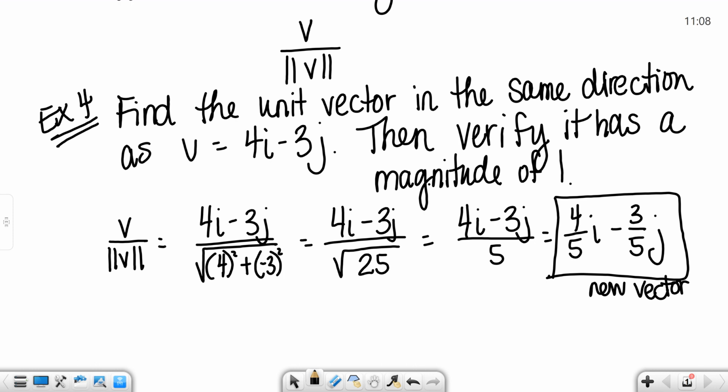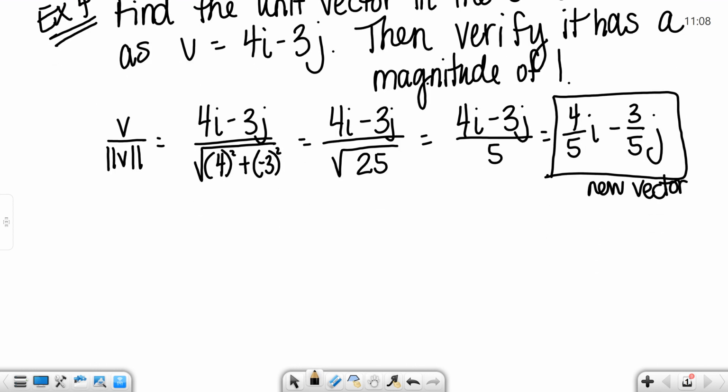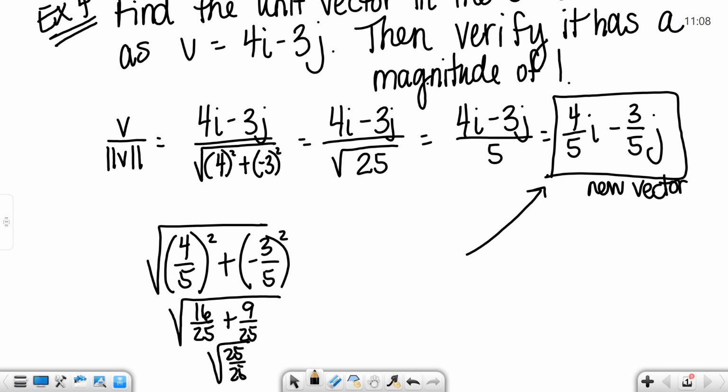Now, the next thing we were asked to do was verify that it does have a magnitude of 1. So we're going to take this new vector and verify its magnitude. The magnitude would be, you take the A component and square it, plus the B component squared, and then we'll take the square root of that. So I get 16 over 25 plus 9 over 25, which gives me 25 over 25.